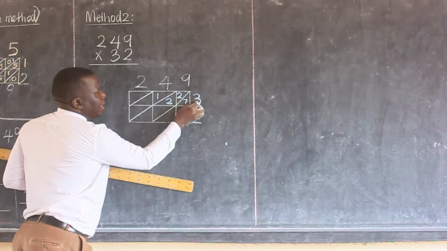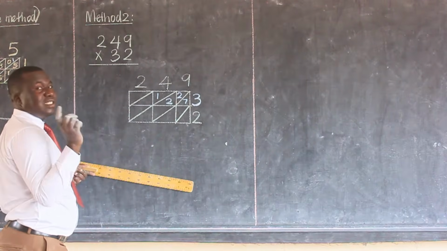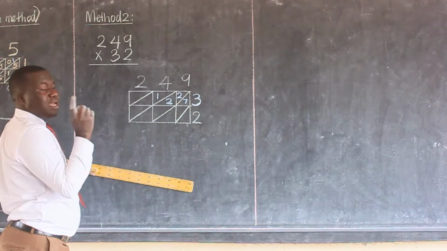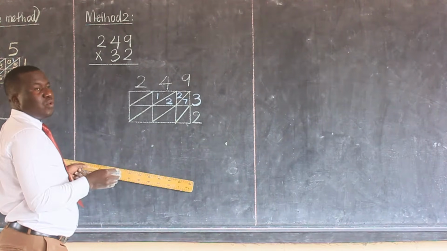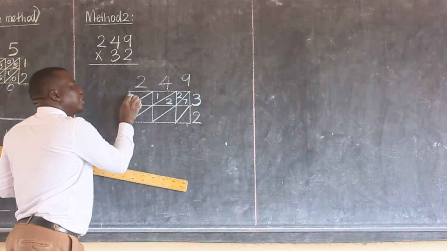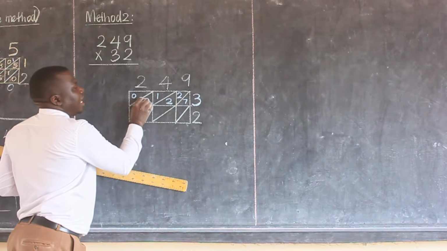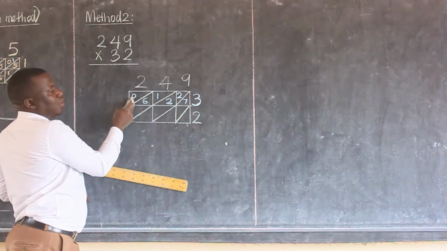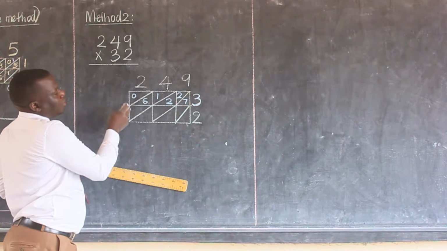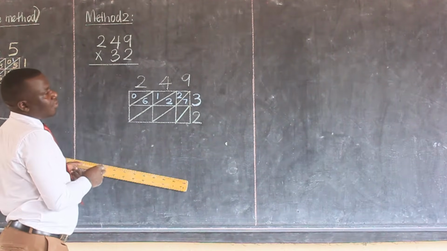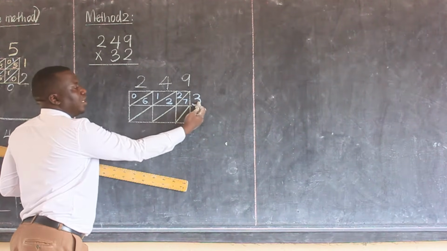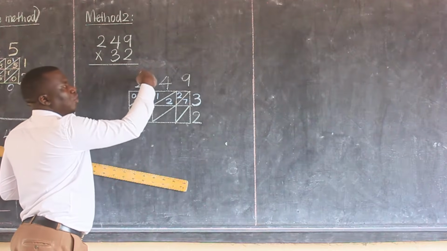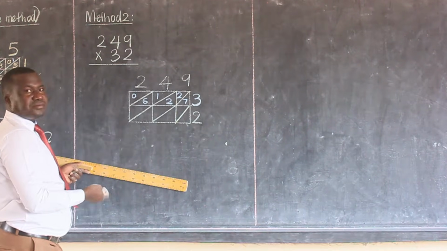What is 3 times 2? It is 6. But remember, when it is one number, you add a 0. So you begin with the 0, 6. Don't put there 60. 0 is the first. So it is 0, 6. So you have finished multiplying 249 by 3.